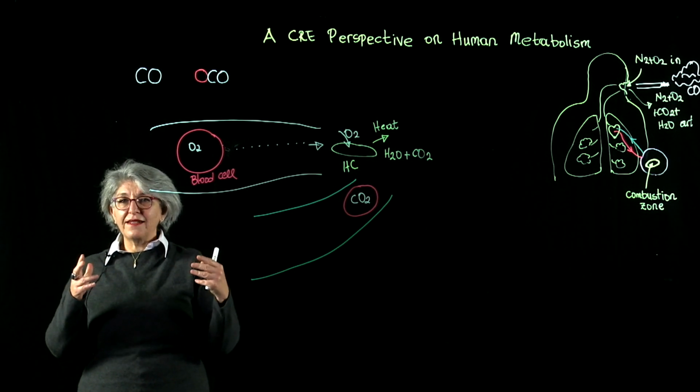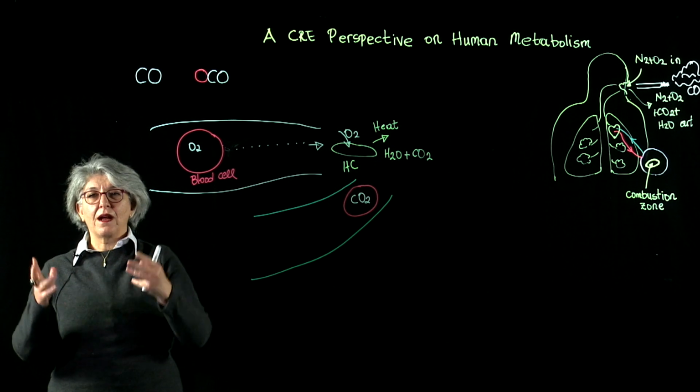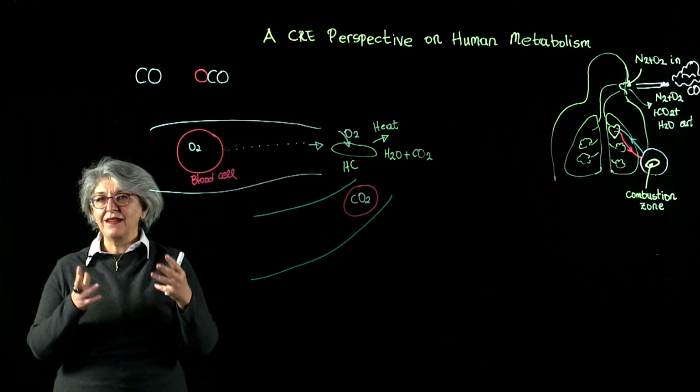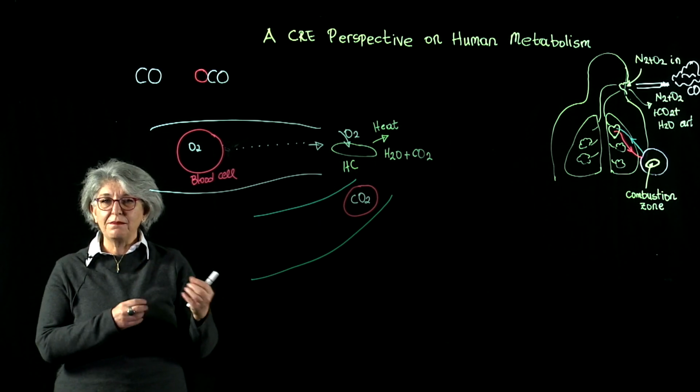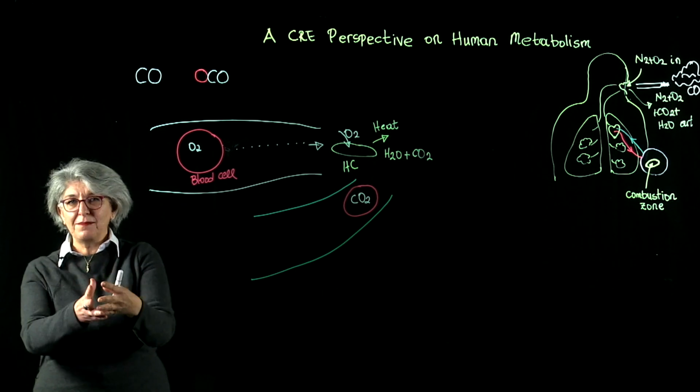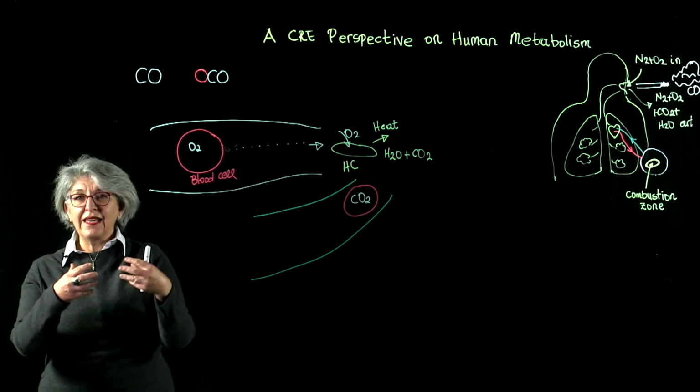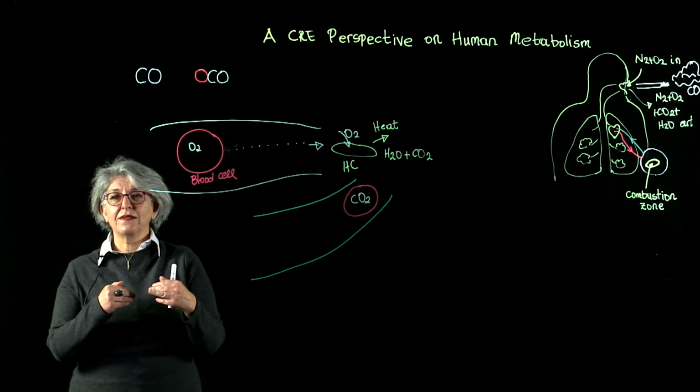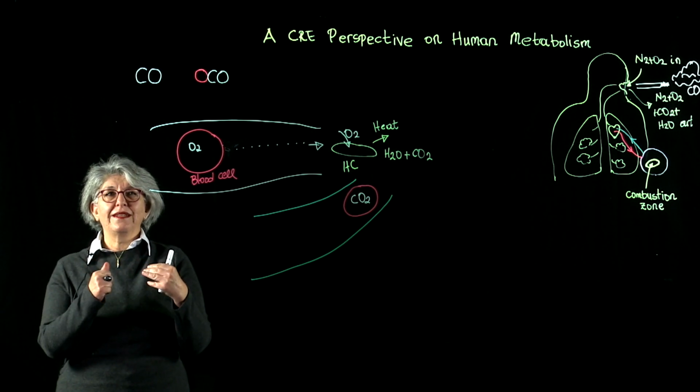The fact that we can oxidize carbon monoxide catalytically on these type of sites means that they crave the same type of sites in our circulatory system, in our blood cells.